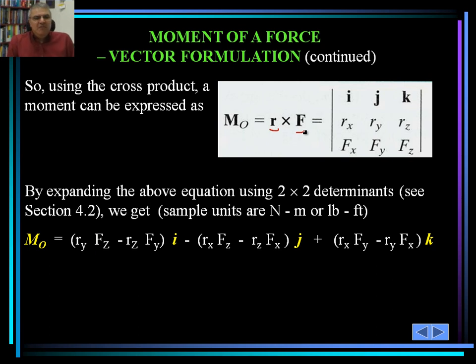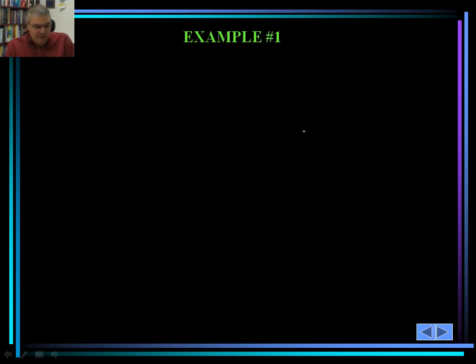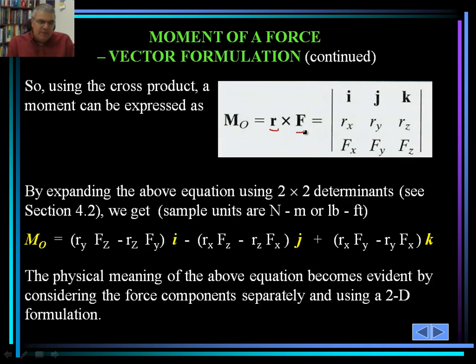So by expanding the above equations using 2x2 determinants, the same way I just showed you, we get M sub O, again i j k, and we make sure we follow the plus and minus signs associated with the determinant, and that would give us the result of M sub O.